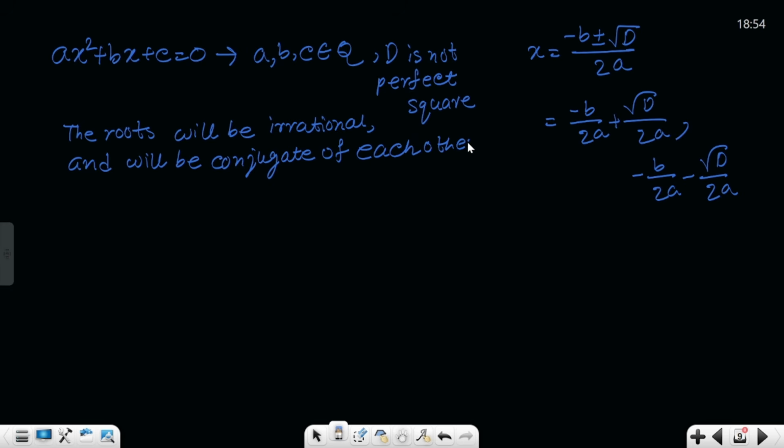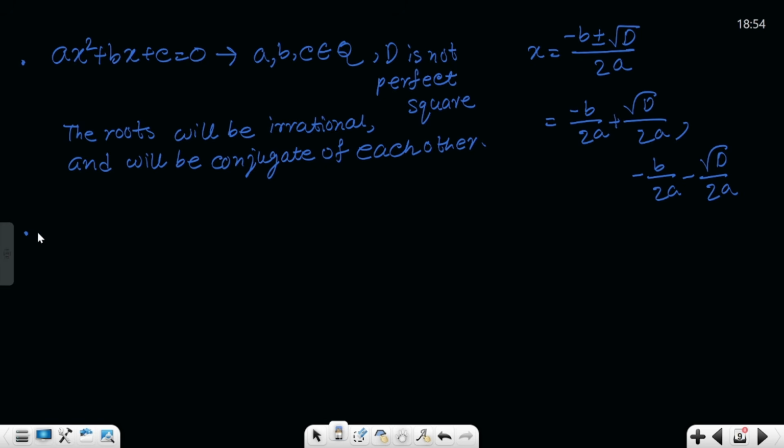Okay, if these conditions are true, then we can say this. Clear? You can easily see the proof. I am not saying anything without proof. The first is plus root d by 2 and the next is minus root d by 2, so these two roots will be conjugate of each other, right?